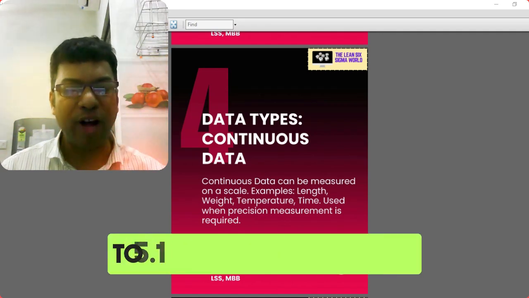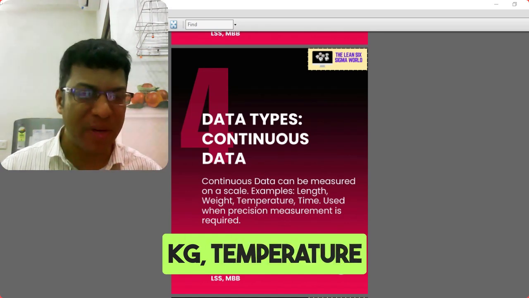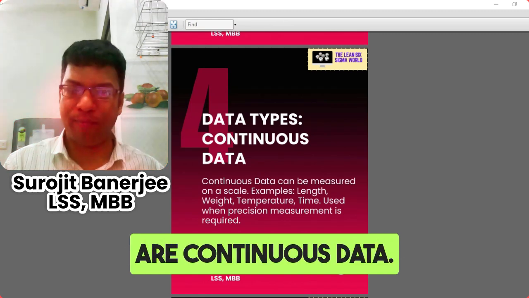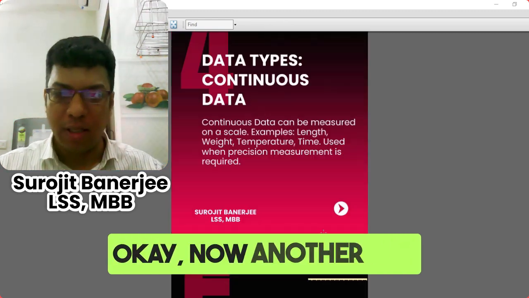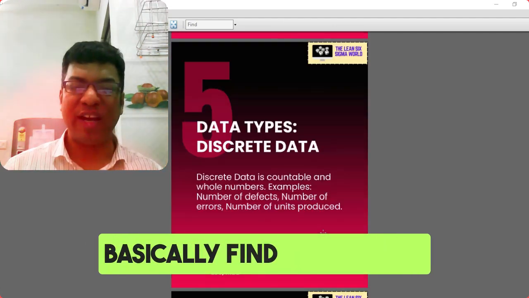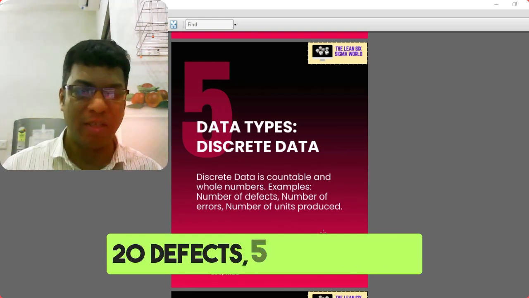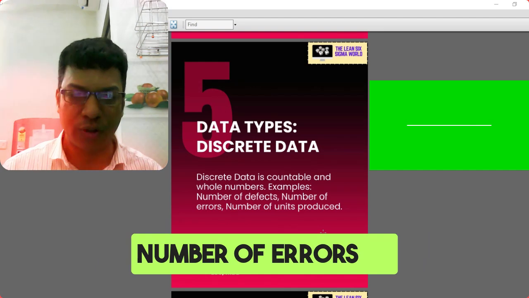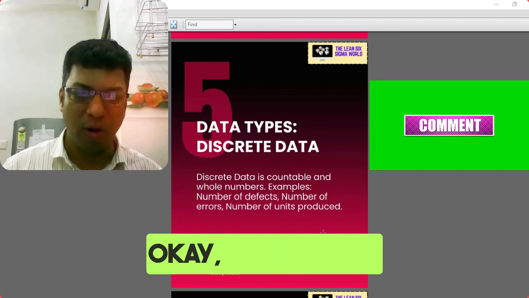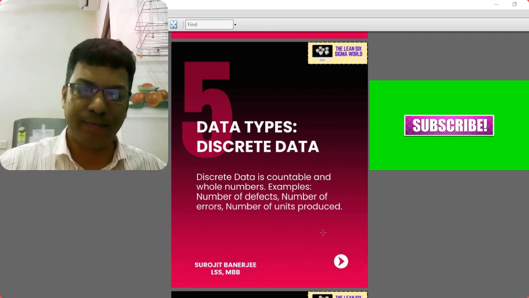Because time equals 5.1 seconds, weight 75.5 kg, temperature 23.5 degrees Celsius. Another type is discrete data, where we find the number of defects: 10 defects, 20 defects, 5 defects, number of errors: 1 error, 2 errors, 3 errors, number of units produced, pass or fail. All these come under discrete data.